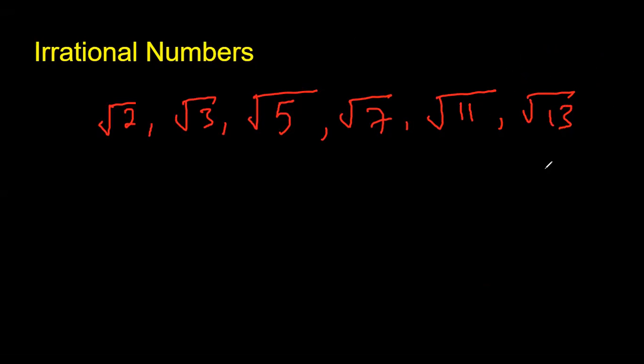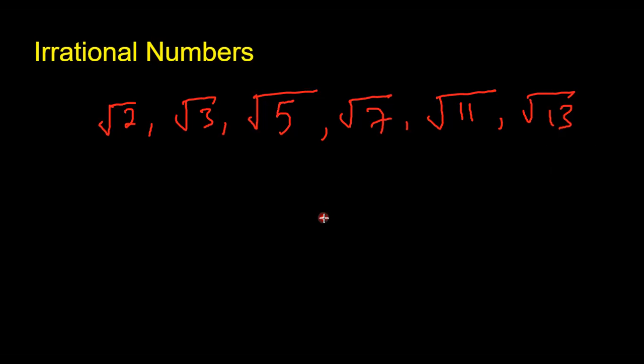So all these numbers also lie on the number line. We will show by construction in an upcoming lesson how we can represent square root 2, square root 3, square root 5 on the number line. But right now we can see these are also numbers which lie on the number line, and these numbers are called irrational numbers.